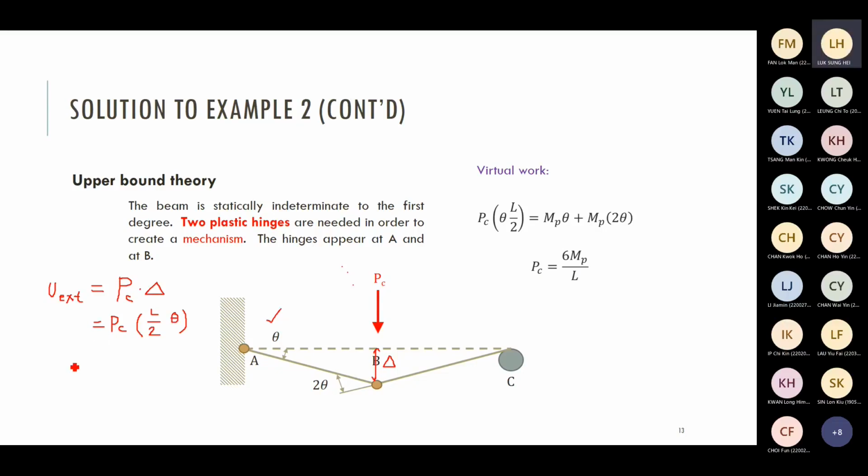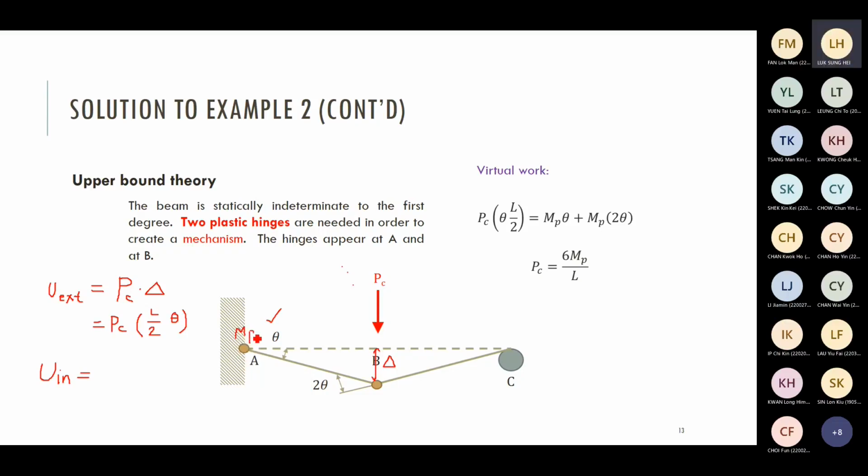Then what about internal work? Internal work is equal to the work dissipated at the location of plastic hinges. You have 2 plastic hinges this time. So suppose you have 2 internal works. One is at point A, the other one, point B. At point A, the plastic moment is MP.